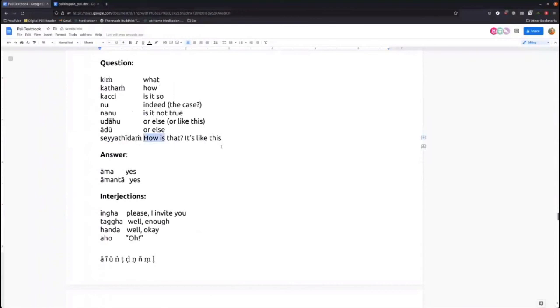So you put seyyathīdaṃ here, and then you explain. I don't think it quite means this literally, but that's how you use it. You would never use this as a question, I don't think.